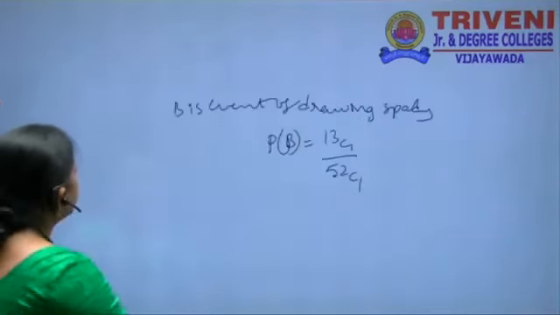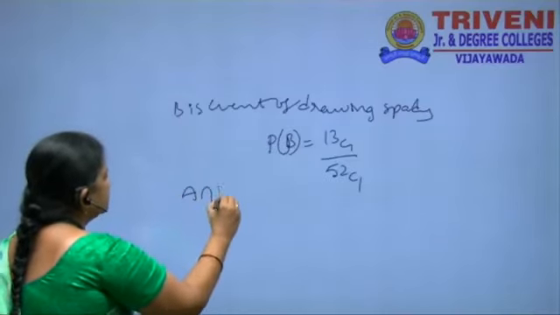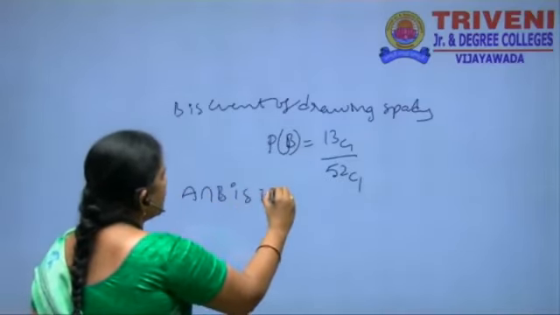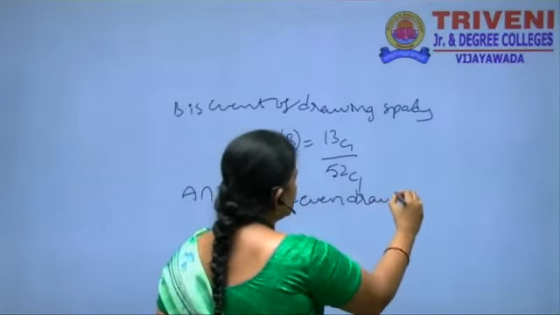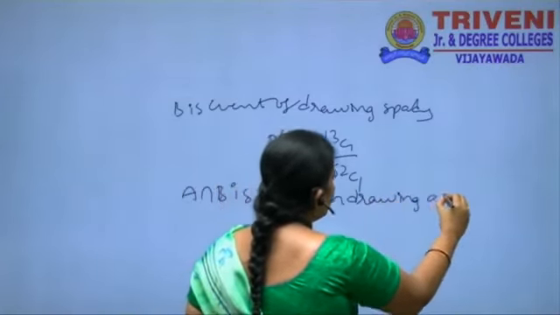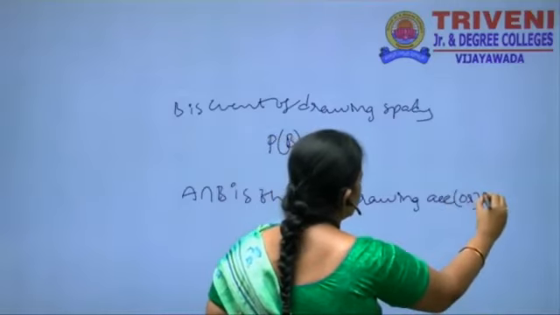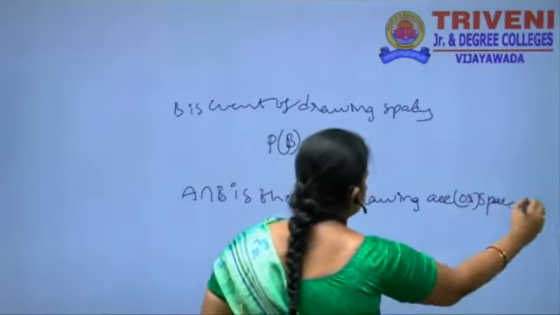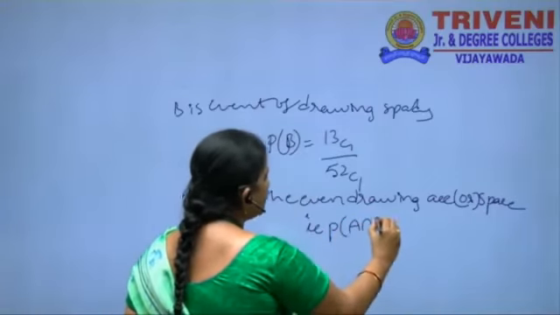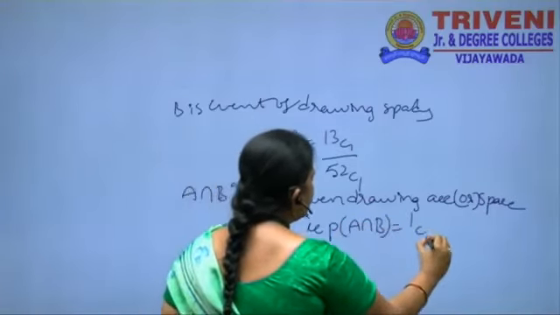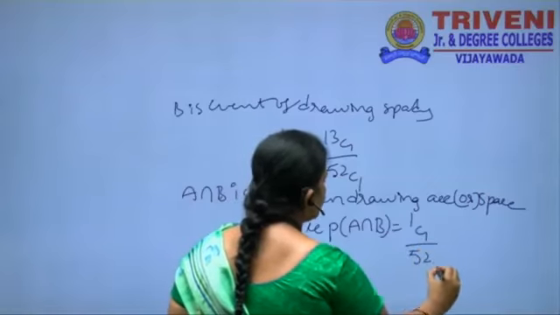Then A intersection B is the event of drawing ace or spade, that is P of A intersection B is equal to 1C1 by 52C1.